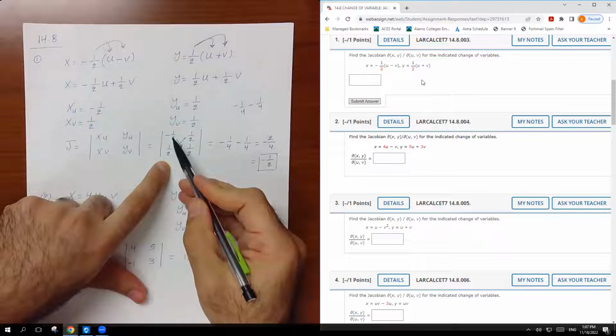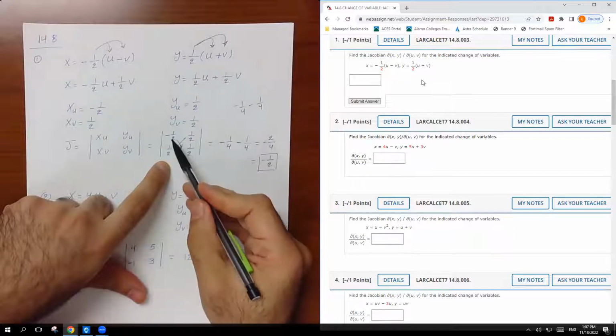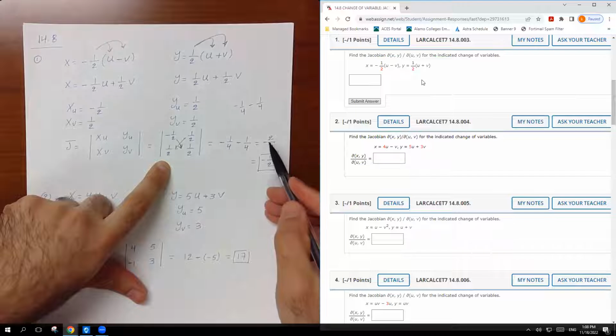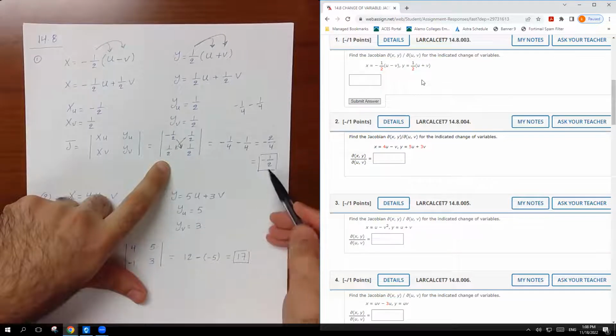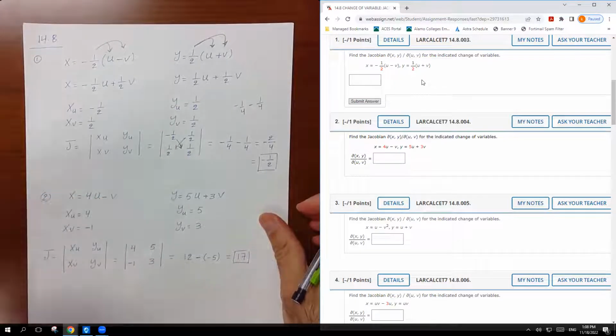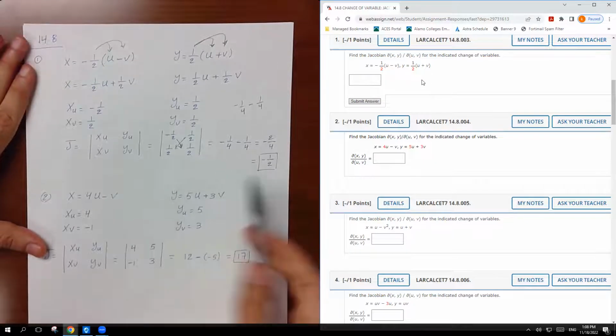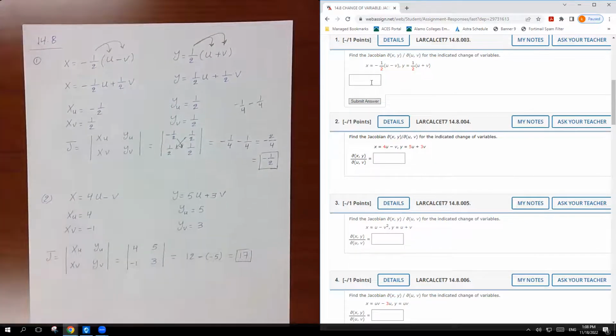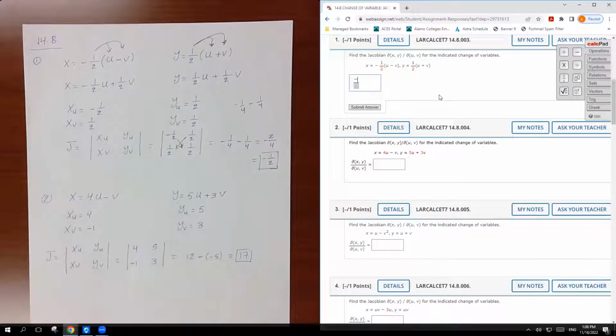The determinant is -1/2 times 1/2 minus 1/2 times 1/2. The result is -2/4, which is -1/2. This is the result for the first question. That's it for the first one.